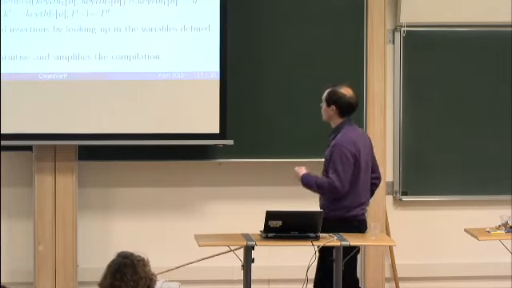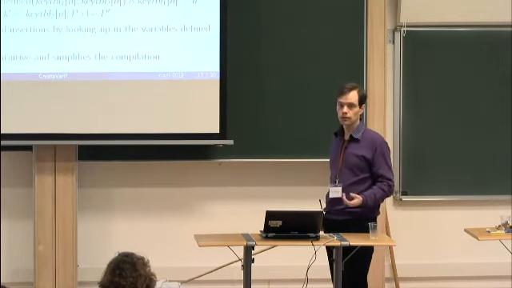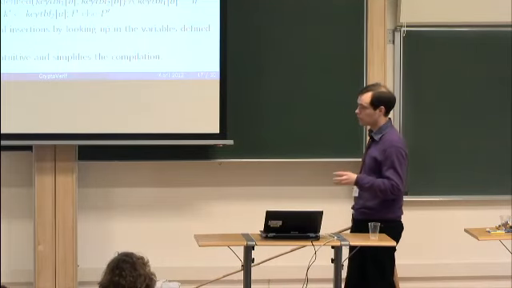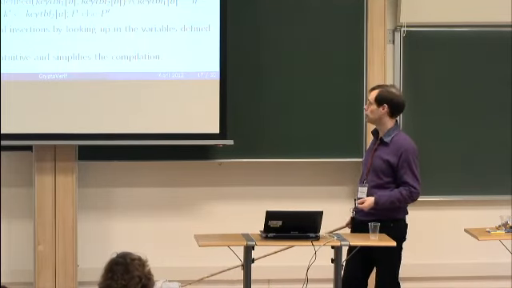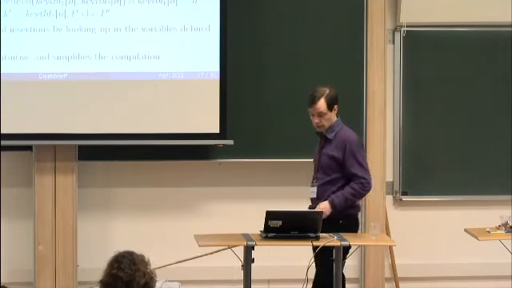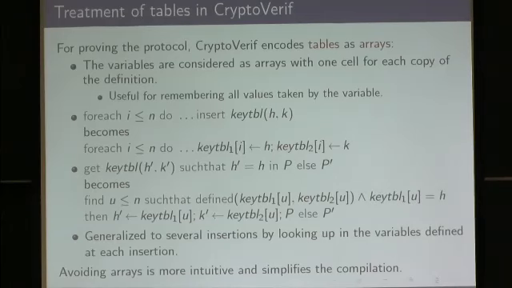So it simplifies a lot the translation to implementations, because you can really use variables as bit strings and you don't need to consider arrays all the time. And it's also more intuitive. Usually cryptographers don't use arrays, they use lists to store elements, which are very similar to tables.